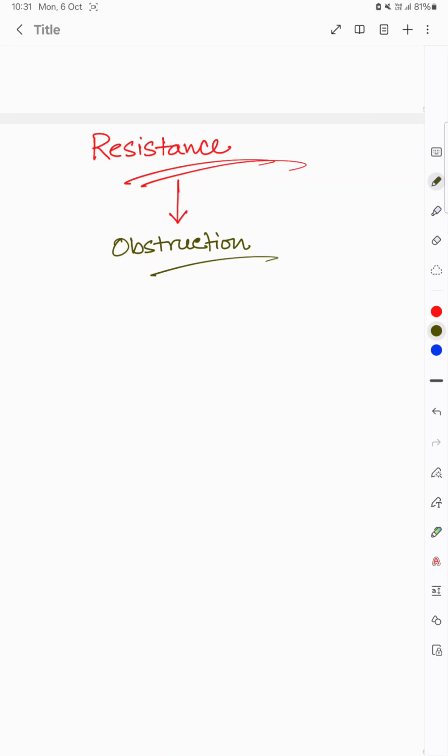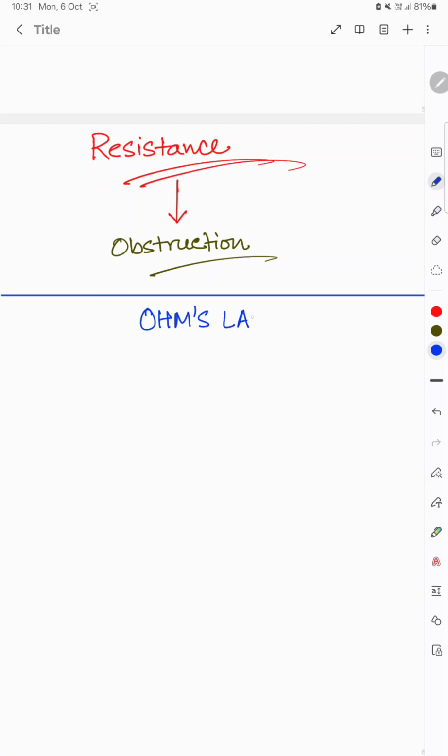Next, we are moving to Ohm's law, the most important part of this chapter. Ohm's law. What is the statement? I'm just reading the statement from your book. No need to write it. So according to Ohm's law, the current flowing in a conductor is directly proportional to the potential difference applied across its ends, provided that the physical conditions and the temperature of the conductor remain constant.